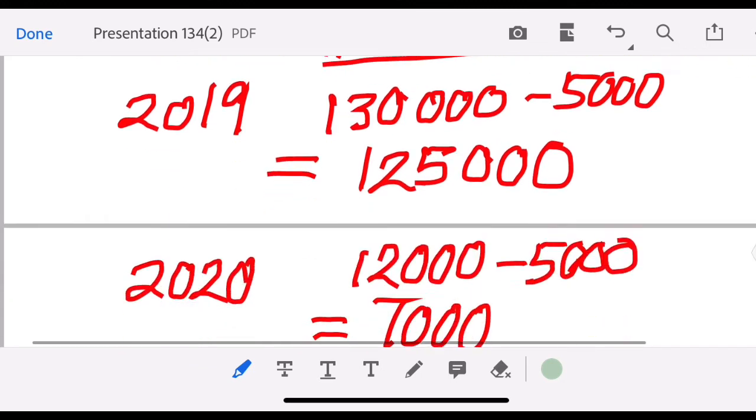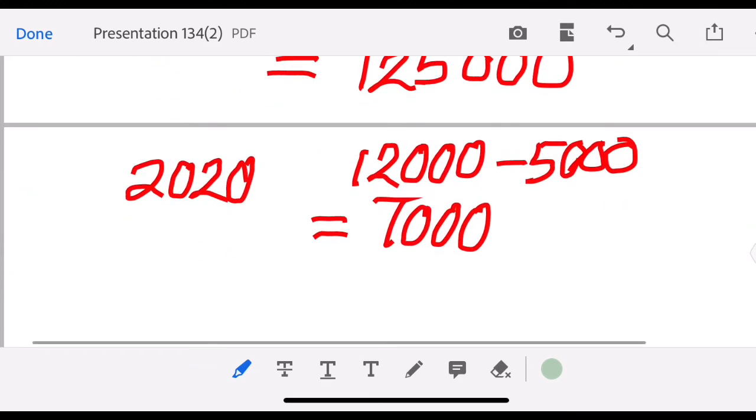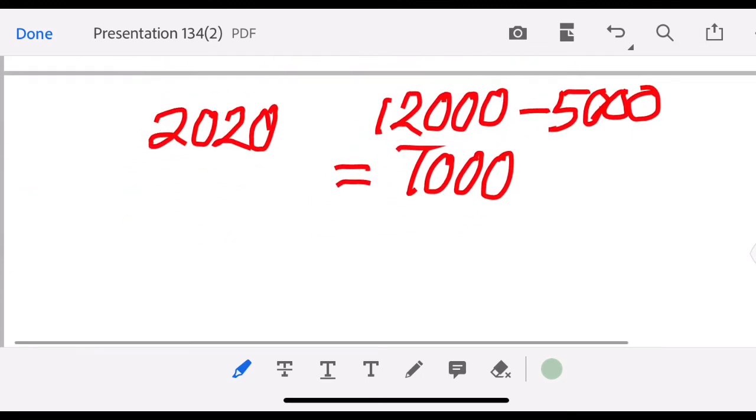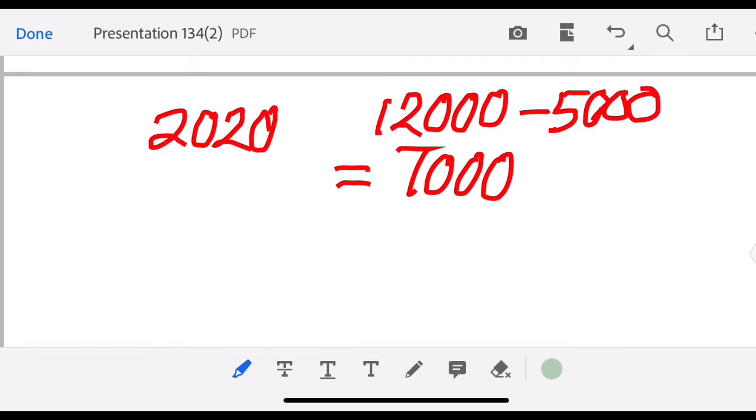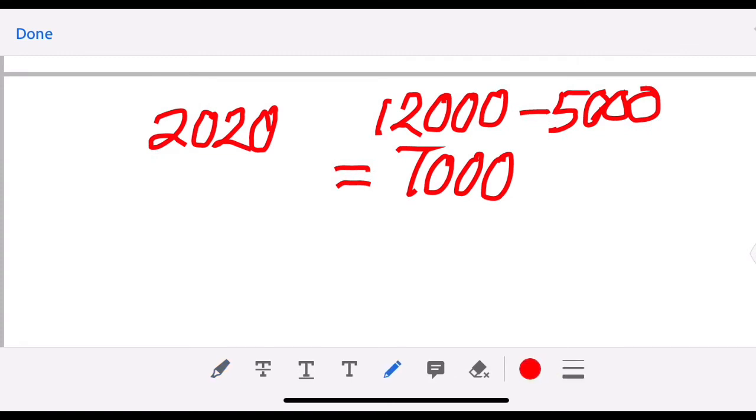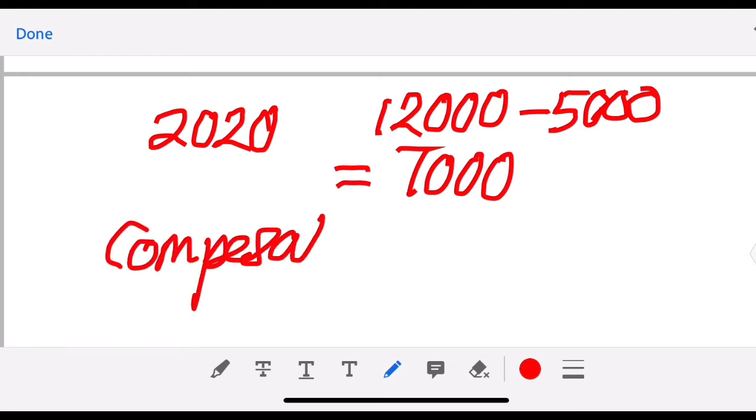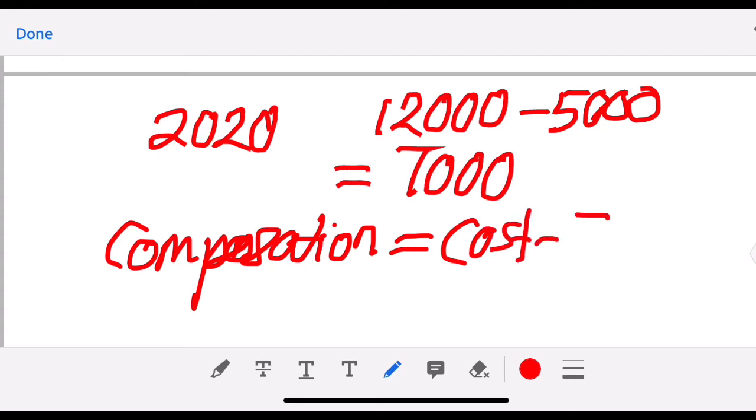After we calculate, the compensation is actually the cost of the expenses minus the deductible amount, right?